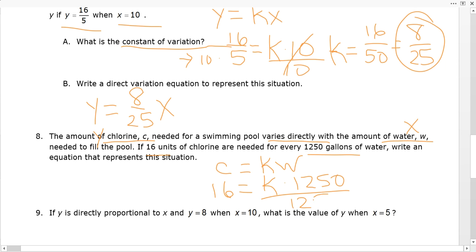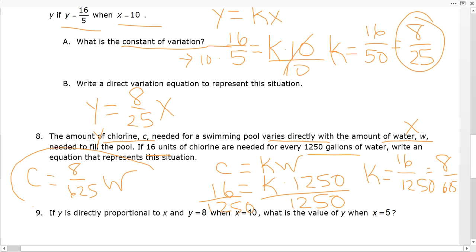Divide both sides by 1250. K is equal to 16 over 1250. And I can divide by 2, and I get 8 over 625. So my equation is going to be C equals 8 over 625 W. So there's my equation.